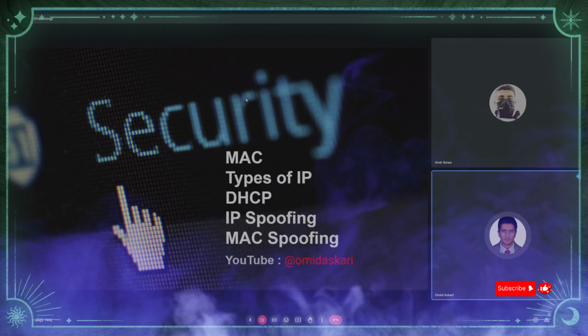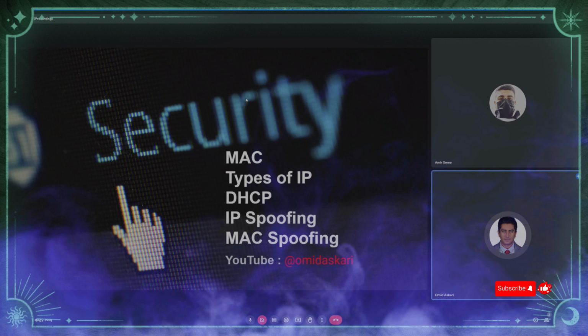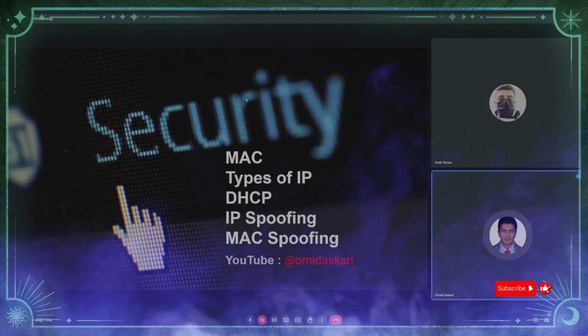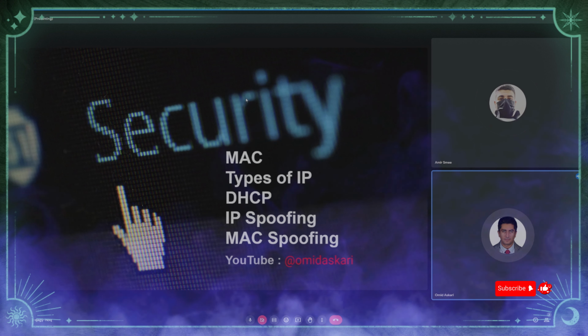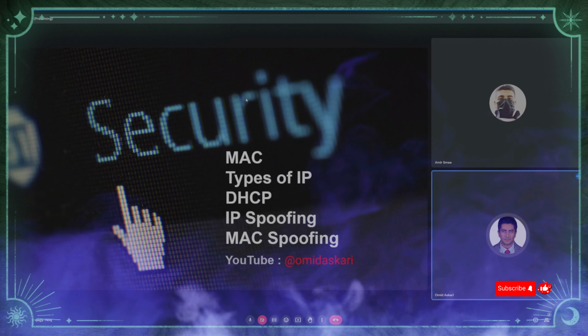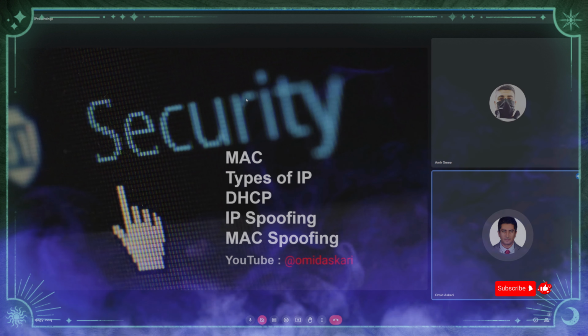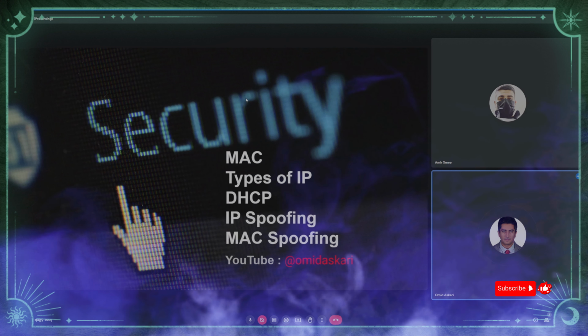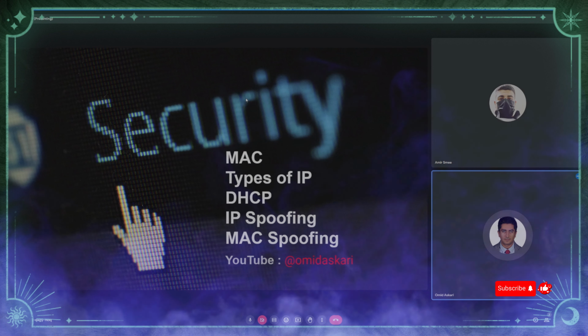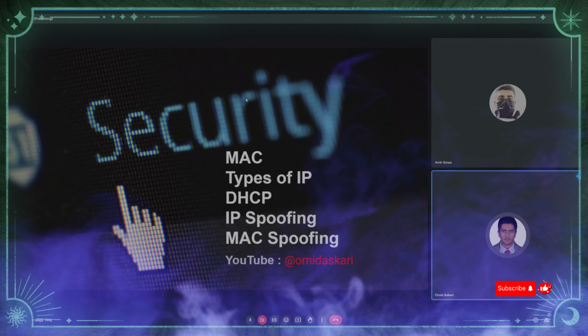IDS and IPS are both network security systems designed to detect and prevent unauthorized or malicious activities within a network. However, they differ in their functionality and the actions they take upon detecting such activities.